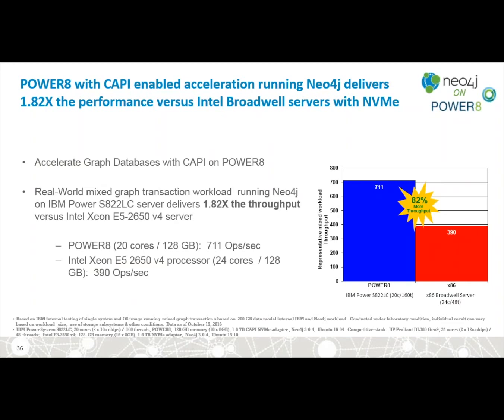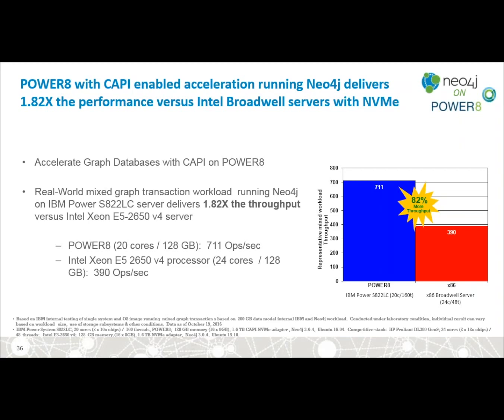So we worked with Neo4j on a very unique, or I should say an internal, workload that mimics a typical real-world graph transaction workload, and we used Power 8 with 20 cores, 128 gigabytes of memory, and we attached a single card with 2 terabytes of extended flash storage, super fast flash storage attached via CAPI, and we compared it to an Intel configuration with about 24 cores, same amount of memory, and with 1.6 terabytes of NVMe flash.